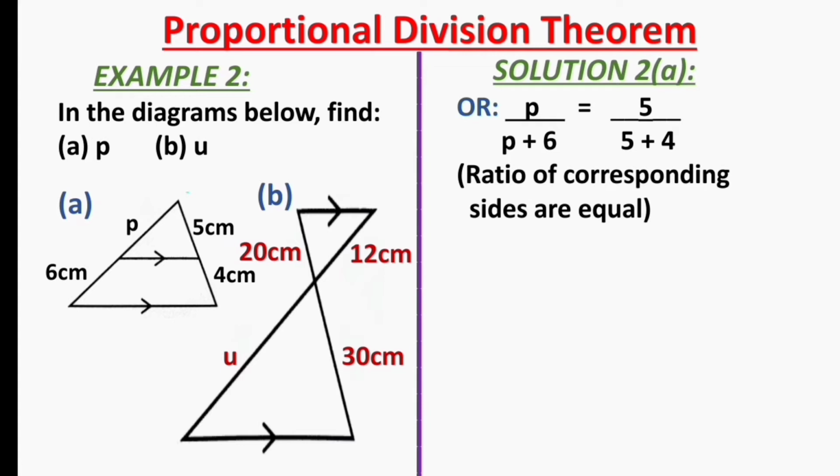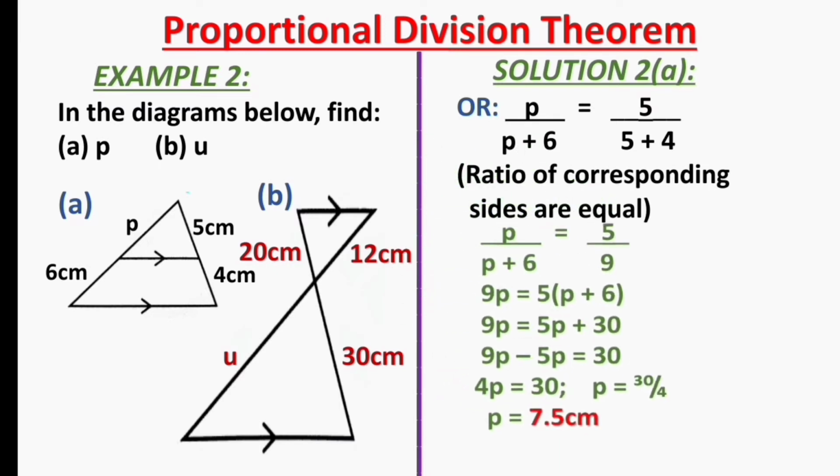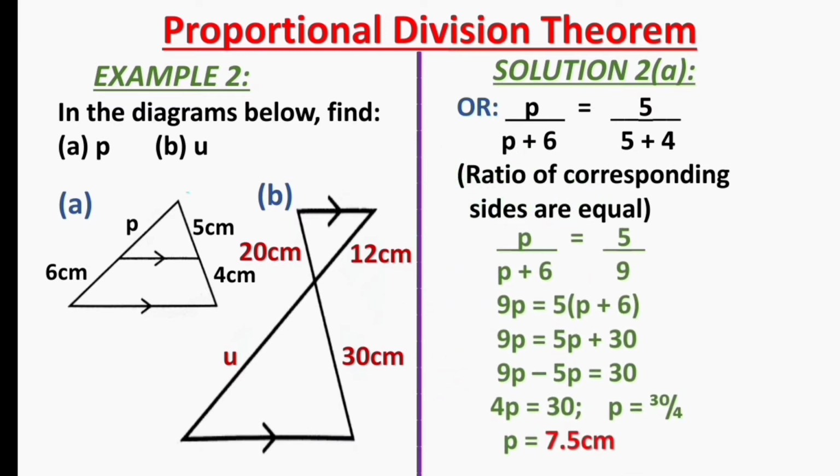Let's see if you got it right. Of course, solving again, you're going to get the same answer for P, being P is equal to 7.5 centimeters. I hope you got that again.